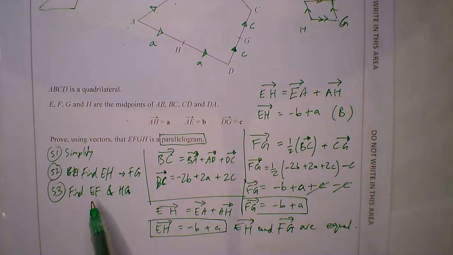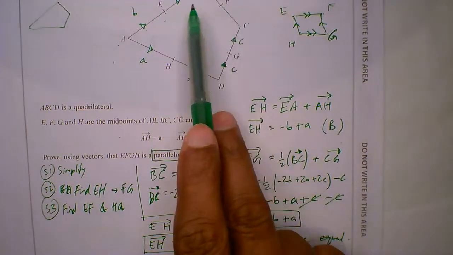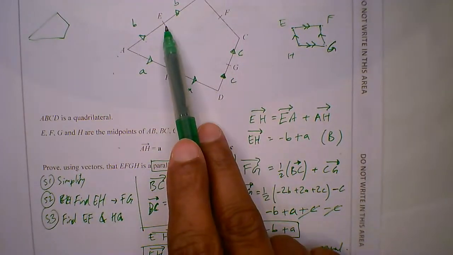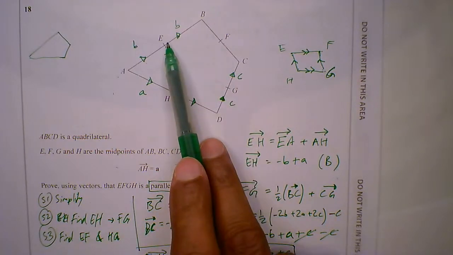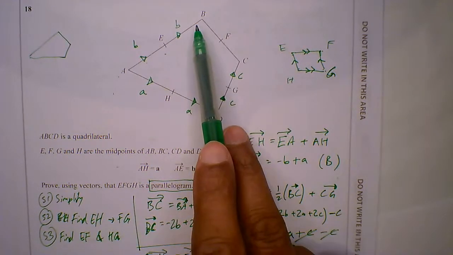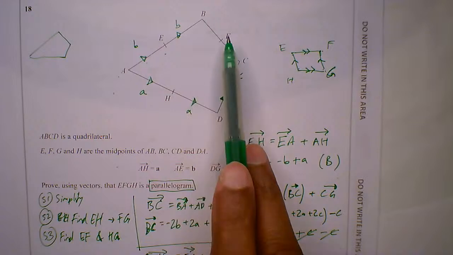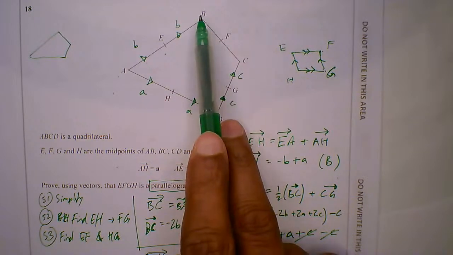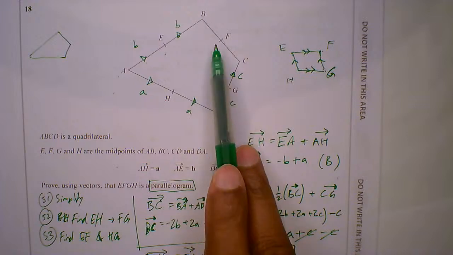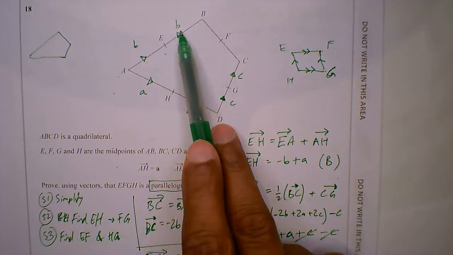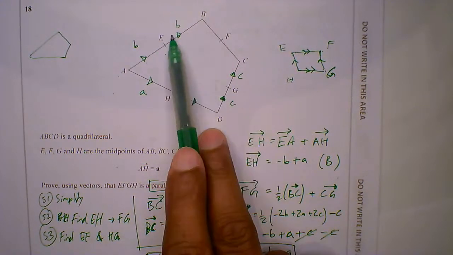Now I need to look at my other side, EF and HG. So E to F, I'm going to go this way. If you think about it, F is in the middle of BC, so it's half of BC. And then I've got this extra bit, so I can remove this.